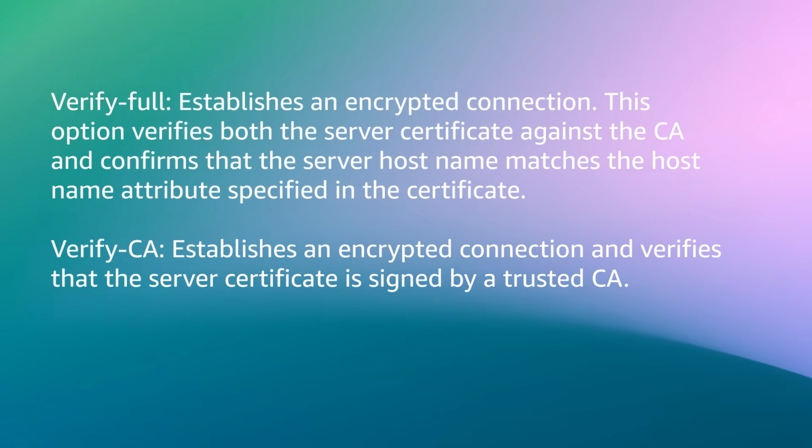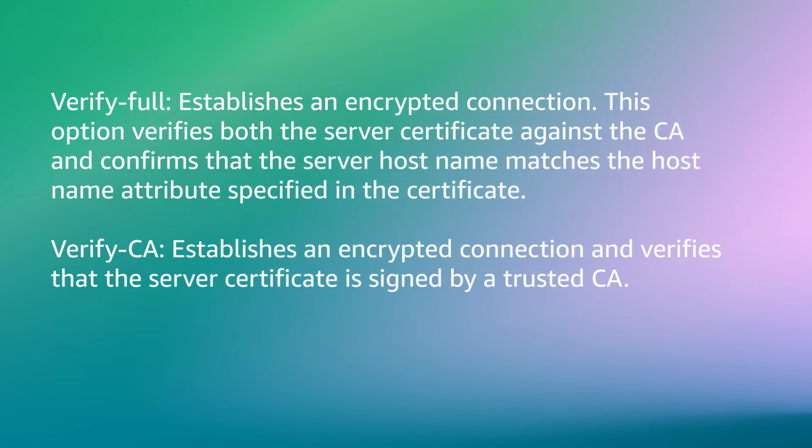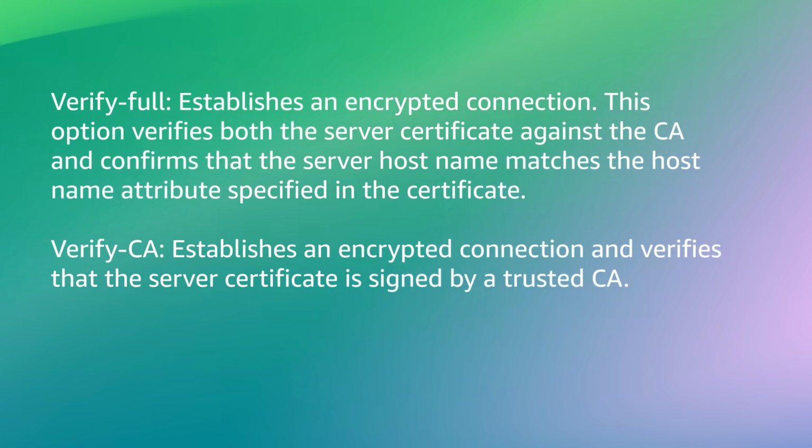Verify Full establishes an encrypted connection. This option verifies both the server certificate against the certificate authority and confirms that the server hostname matches the hostname attribute specified in the certificate. Verify CA establishes an encrypted connection and verifies that the server certificate is signed by a trusted CA.